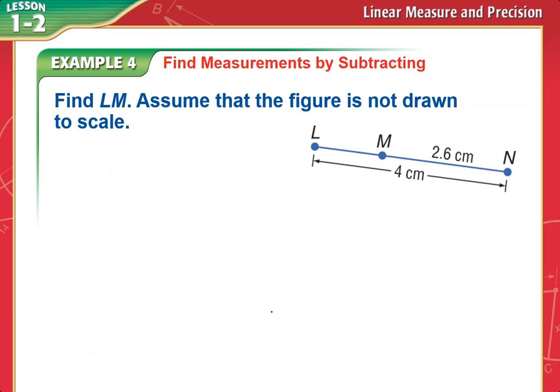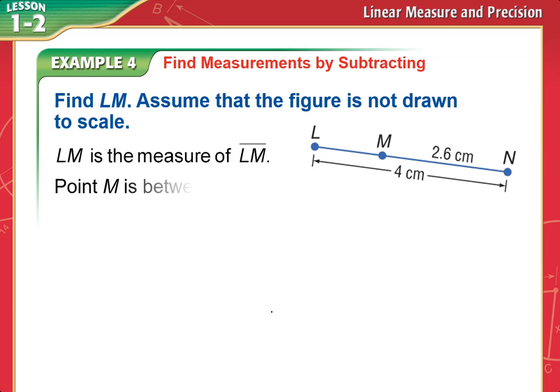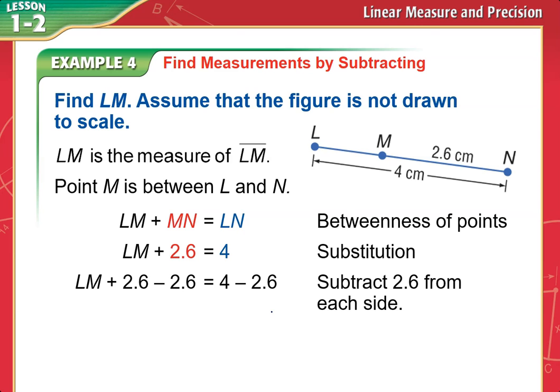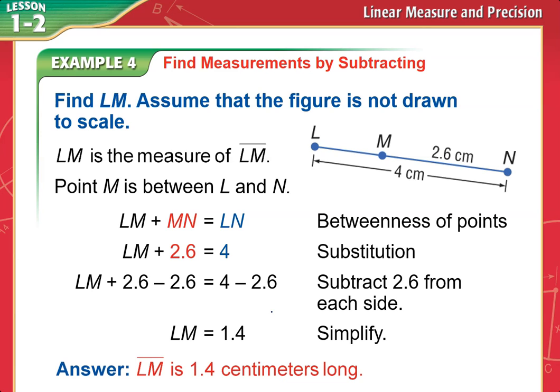Find LM, and we're assuming that the figure is not drawn to scale. This time we know the length of LN, and we also know MN, and we're trying to find the other part, LM. Therefore we can use betweenness of points and do substitution, and then subtract 2.6 from both sides, and we get LM equals 1.4.